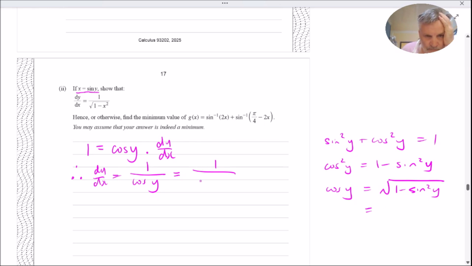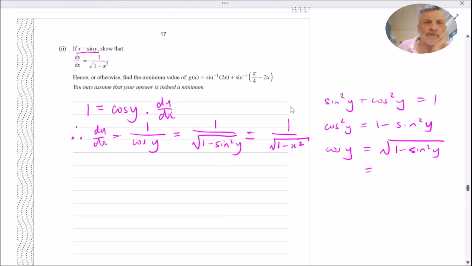And the question tells us that sine y is equal to x. So this is the same as 1 over the square root of 1 minus x squared, as required.